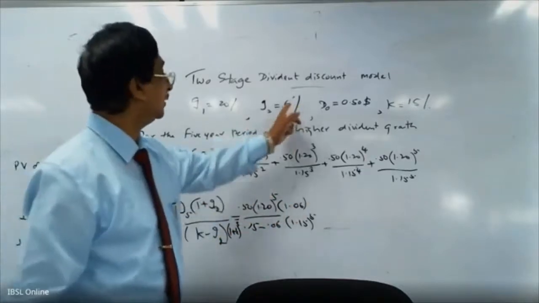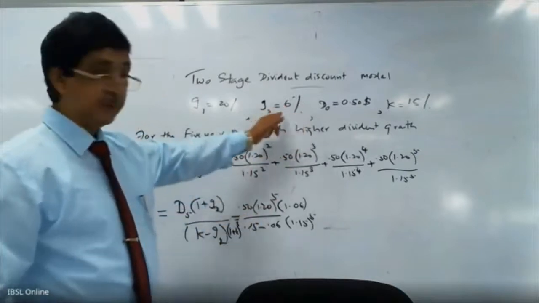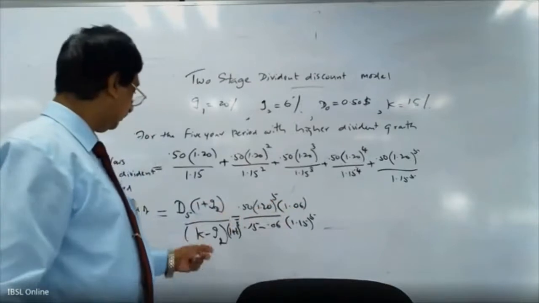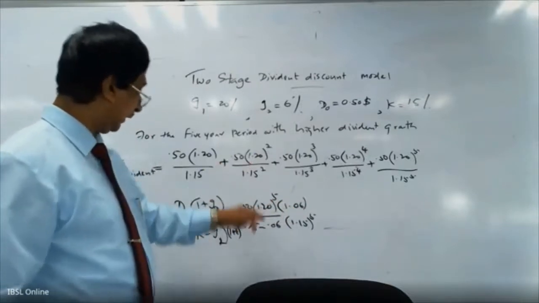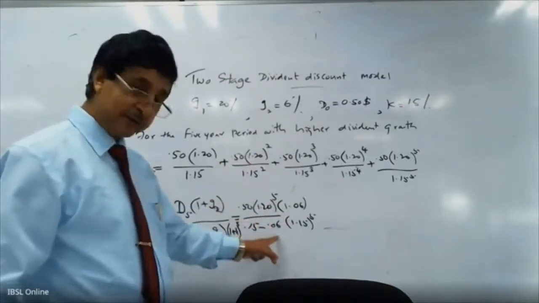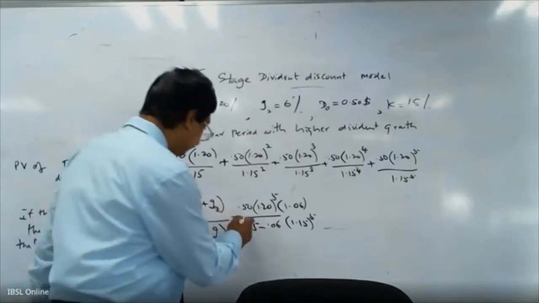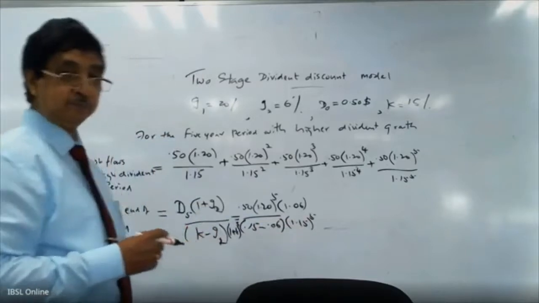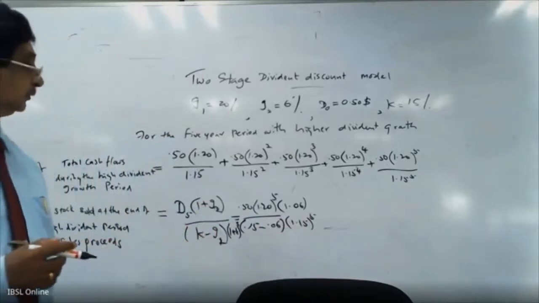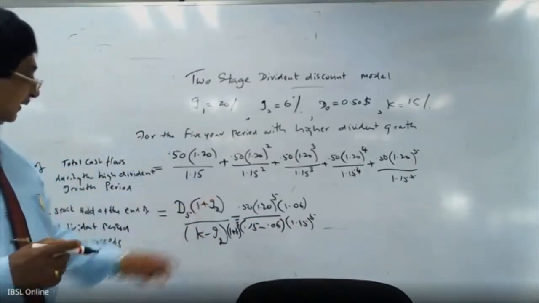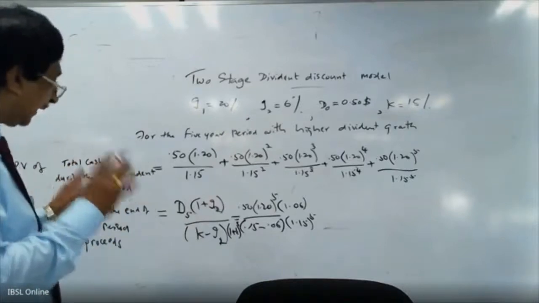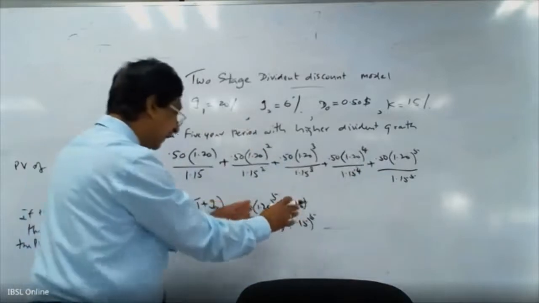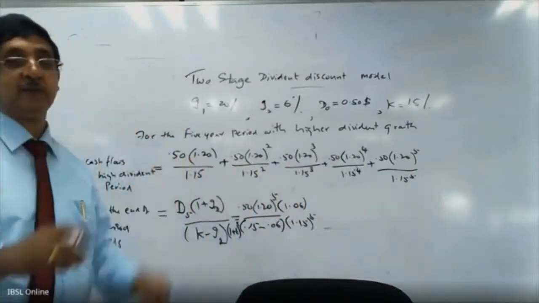G2 is 6%. In decimal form it is 0.06, then 1.06 divided by K minus G2, that is 0.15 minus 0.06, into 1.15 to the power 5. Right? So this is the calculation, and in order to get the price, you should add these things plus this, and you will arrive at the price.